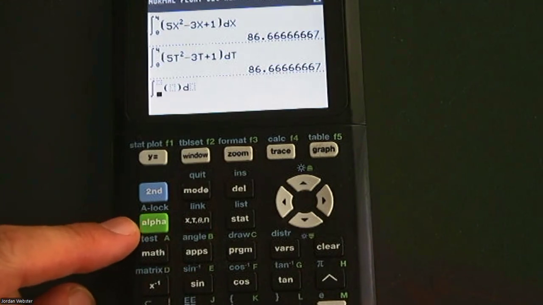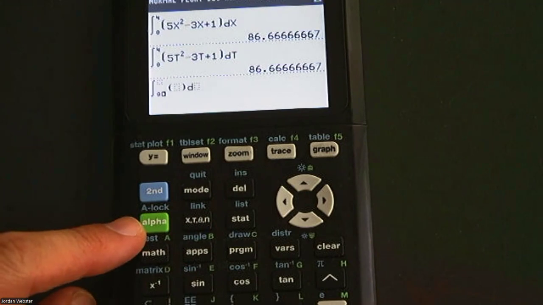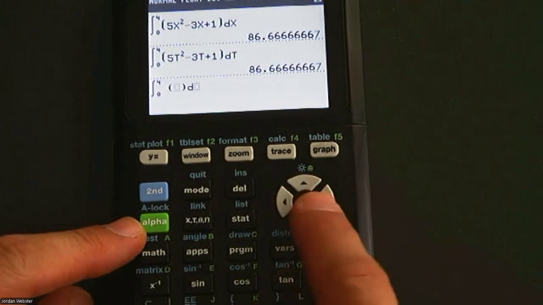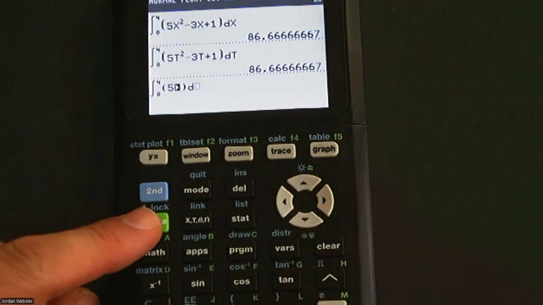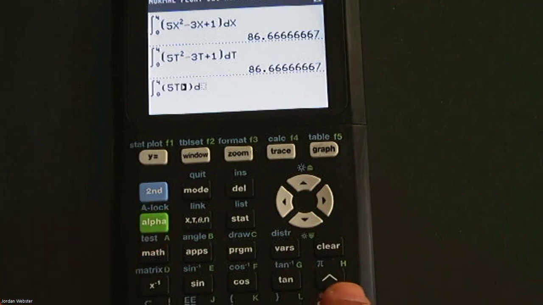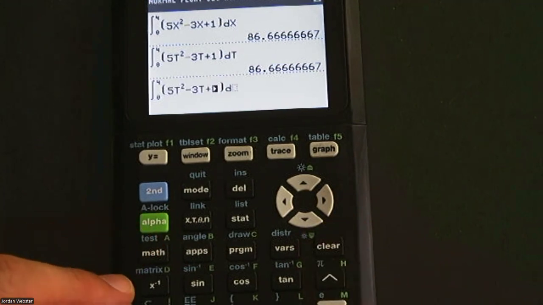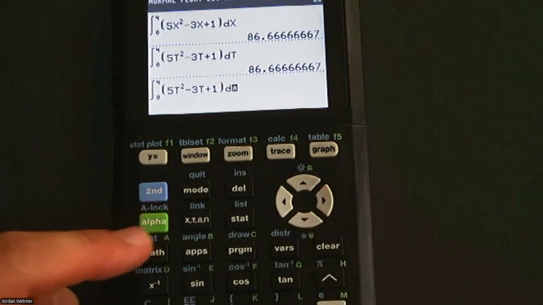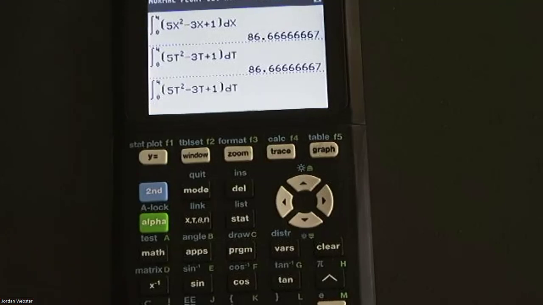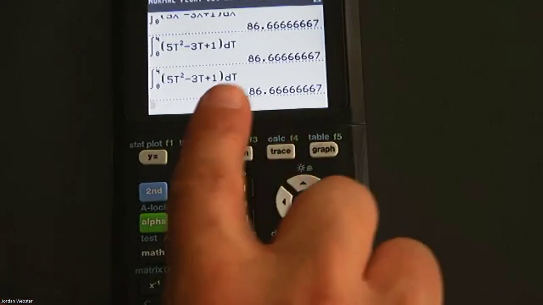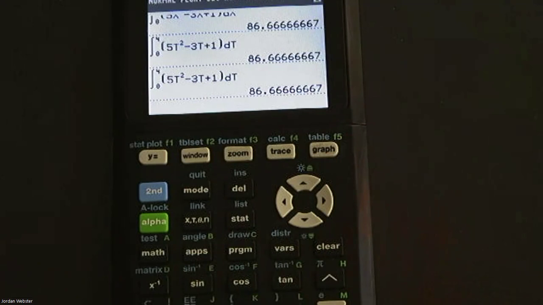You just have to hit alpha and then the number 4 every time you hit the letter T. When I do that, again, I'm hitting alpha and then the letter T each time. You get the exact same thing.